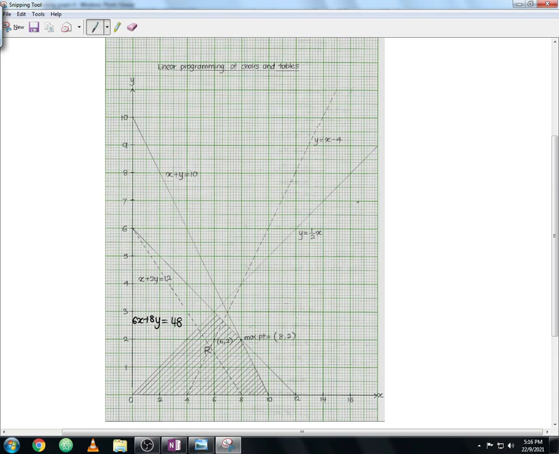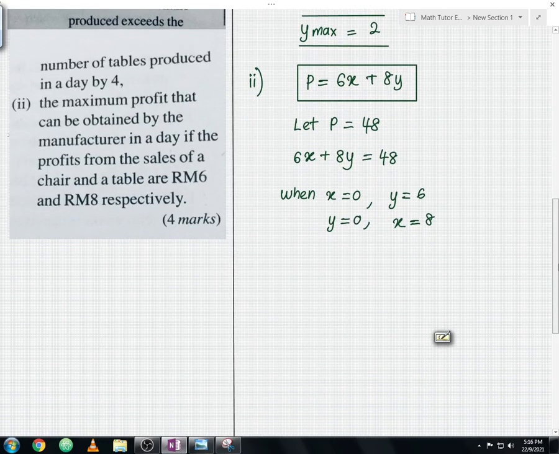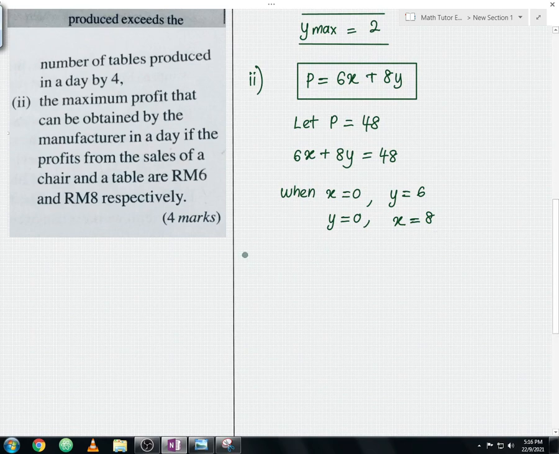Okay, so from here, back to our main discussion. So from the graph, we get our maximum point equals to 8,2. So from here we can use this point to find our maximum profit.